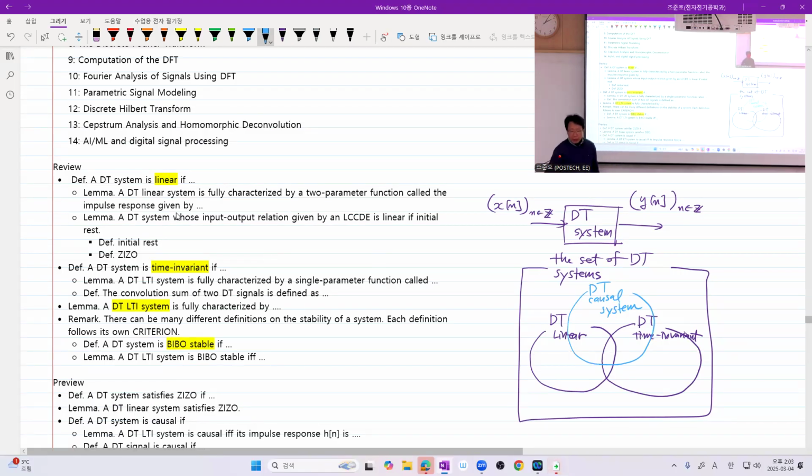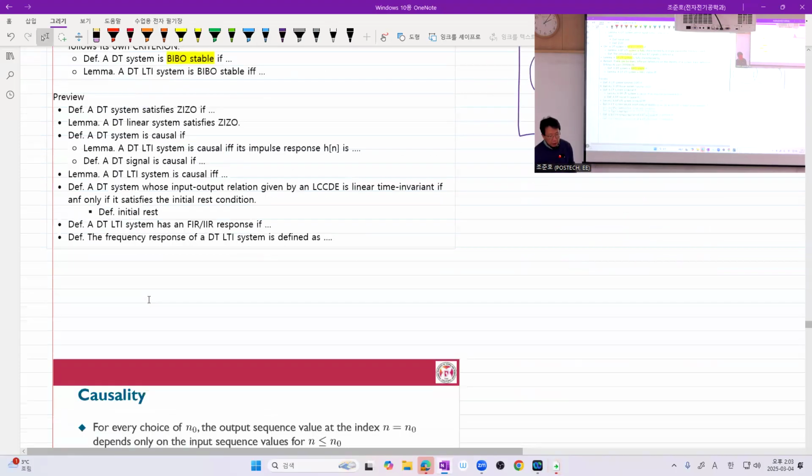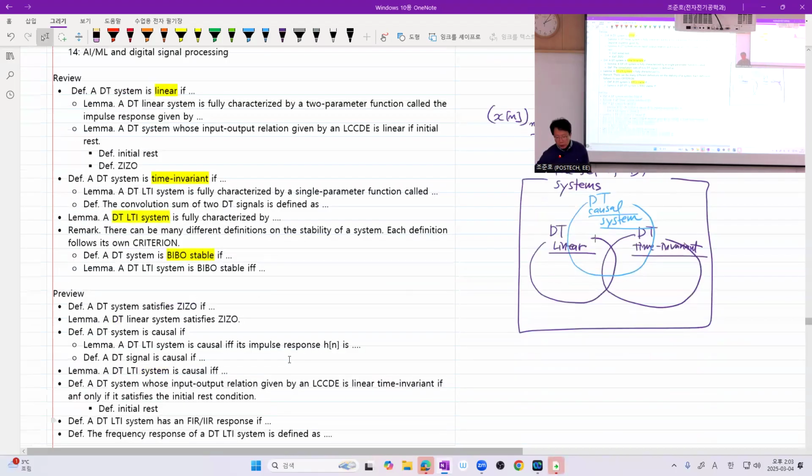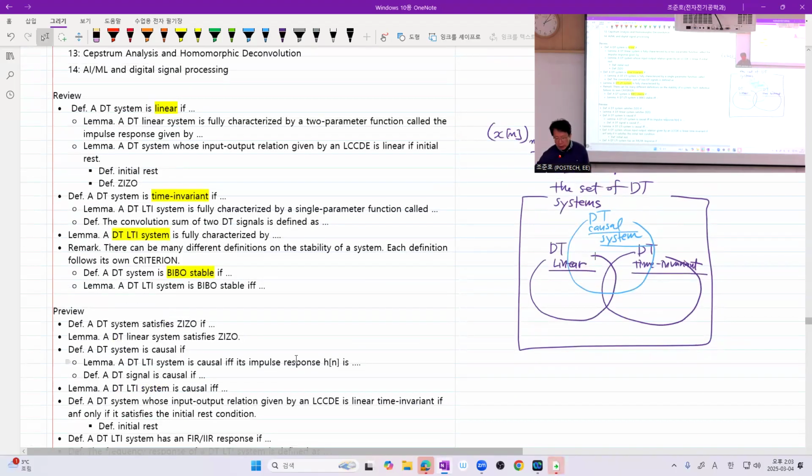So last time, we defined what is linear and what is time invariant and what is bounded input, bounded output stable. Last time I skipped this part, so I have copied the page to define the causality. So you will soon see this definition.